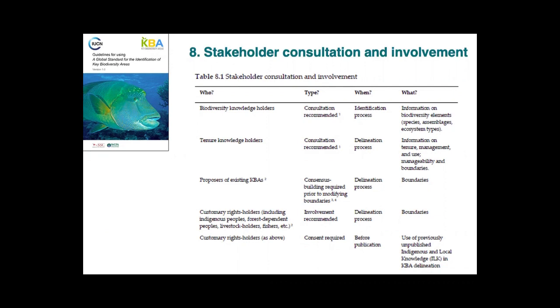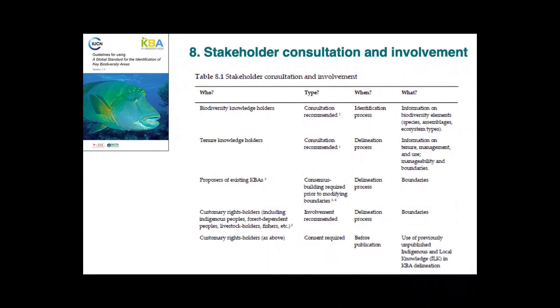Even though KBA identification and delineation in itself does not include any steps to advance management activity, involvement of customary rights holders is recommended during the KBA identification and delineation process, because KBAs can provide the basis for future conservation and management actions.